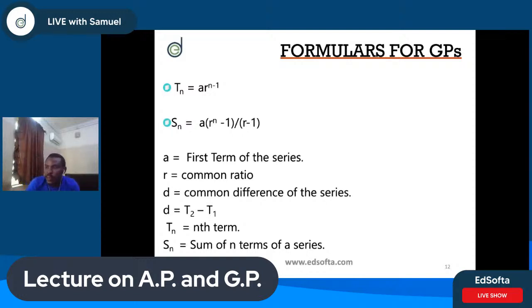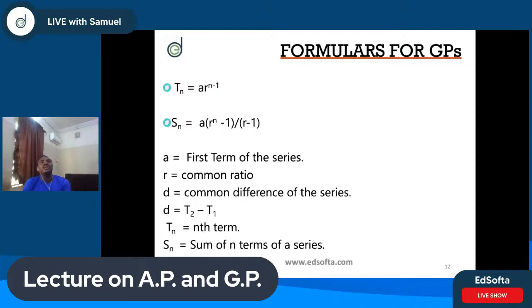So in the AP, we have common difference. 2 plus 2 is giving us 4, 4 plus 2 is giving us 6. That's the difference between each successive term. They are called the common difference. But for GP, since they are not differences, they are more of ratios. So you multiply 3 by 2 to give you 6. You multiply 6 by 2 to give you 12. You multiply 12 by 2 to give you 24. You multiply 24 by 2 to give you 48.